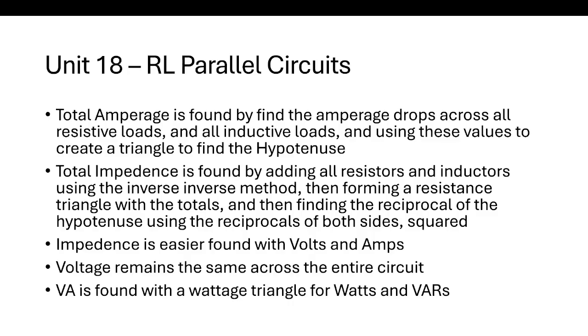But then to find your total impedance, I think it's, you take your inductive reactance inverse plus your resistance inverse, and you find the square root. It's complicated, and I listed it out as easy as I could in here, but it's just a lot to go over.